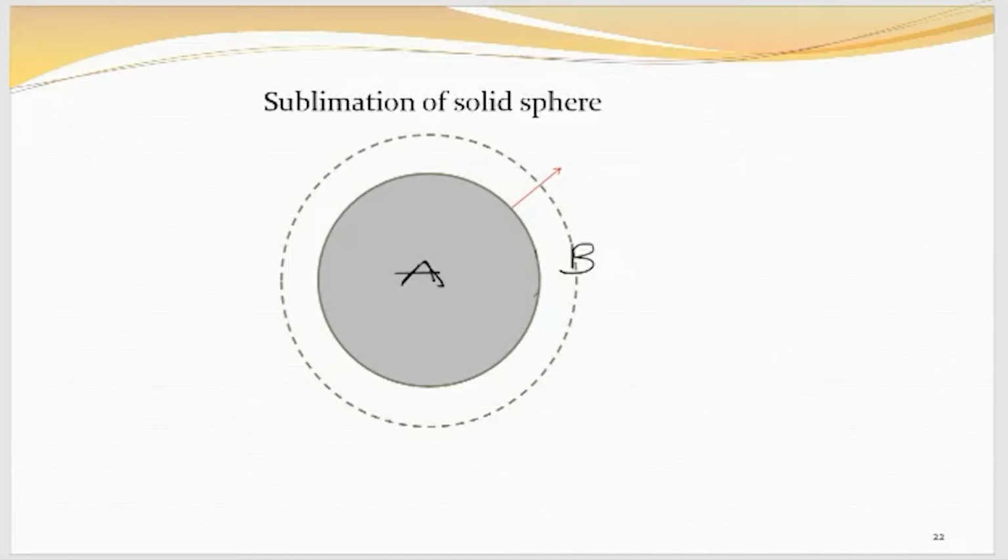Okay, let's discuss the problem. So first thing we need to do is to draw the control volume. Because compound A sublimes in the outward direction, I will draw the control volume like this.